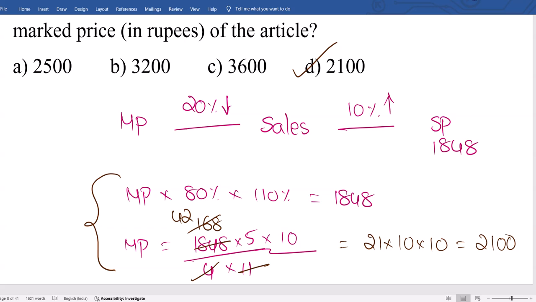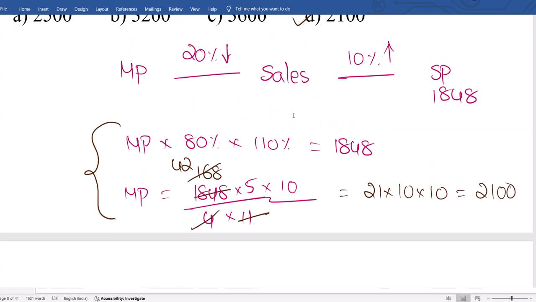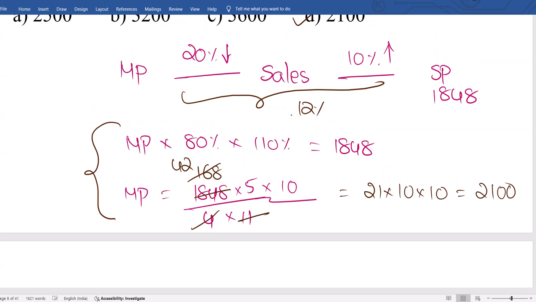Then after some extra effort, your salary increased by 10%. Then the overall change in your salary is not 10% decrease, it is 12% decrease. How, sir? I can do it directly as 12%.